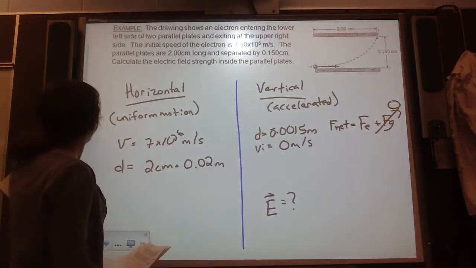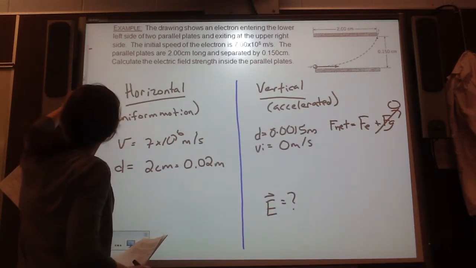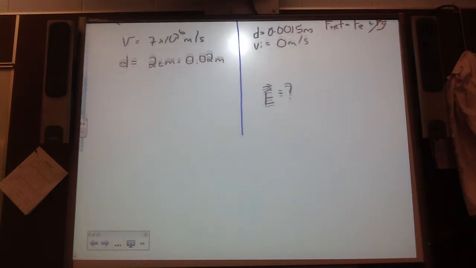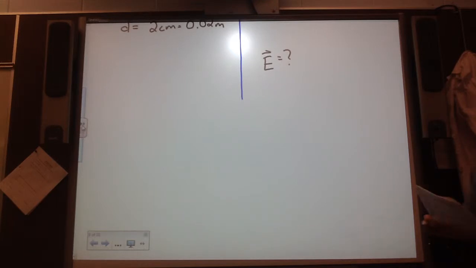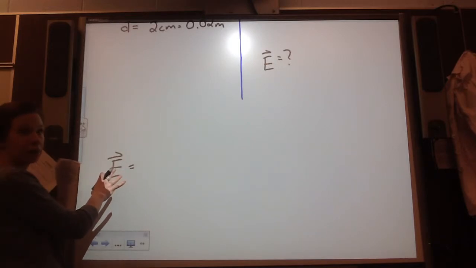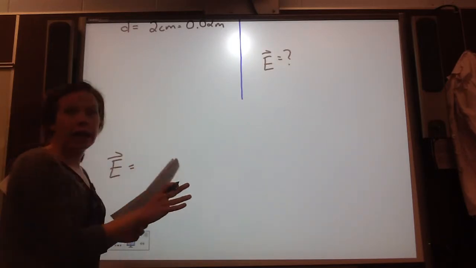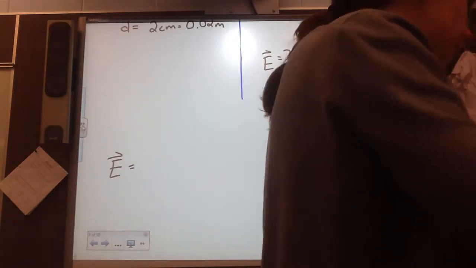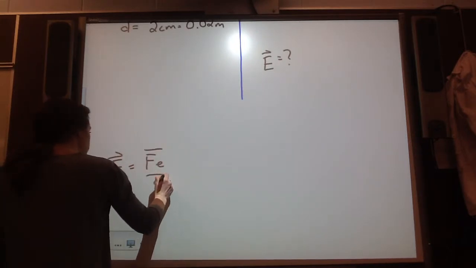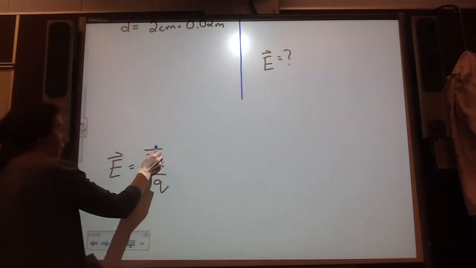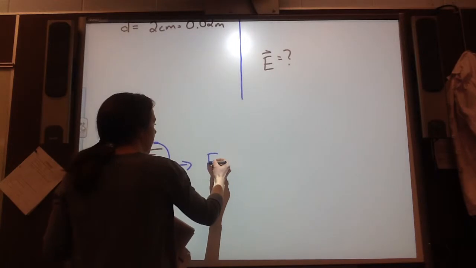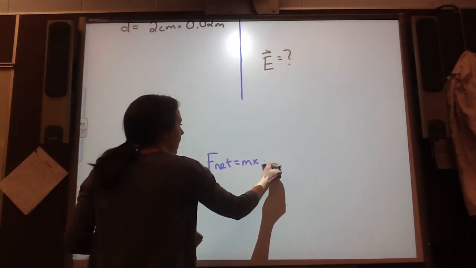So let me map out how we're going to do this for you, because with these questions, you're going to have to work backwards quite a bit. We're going to look for electric field strength. I can't use k, q1, q2, blah, blah, but I can use my Fe over q. Well, I wasn't given my force, but I can find Fe using F net equals m times a.